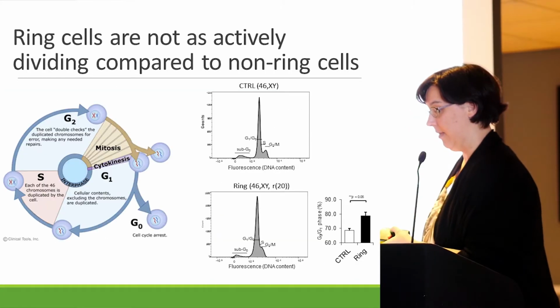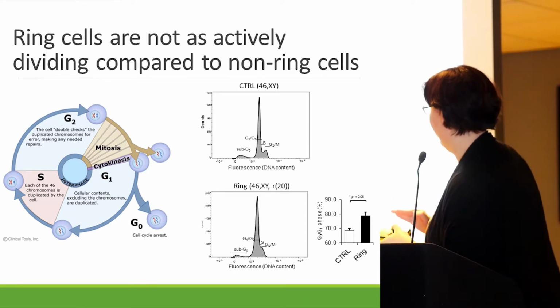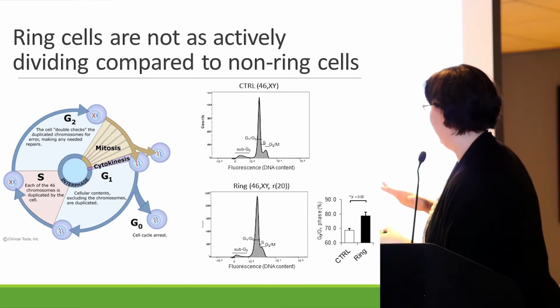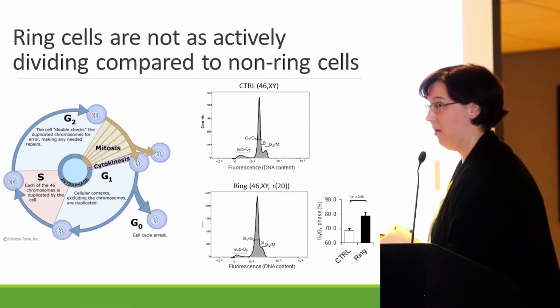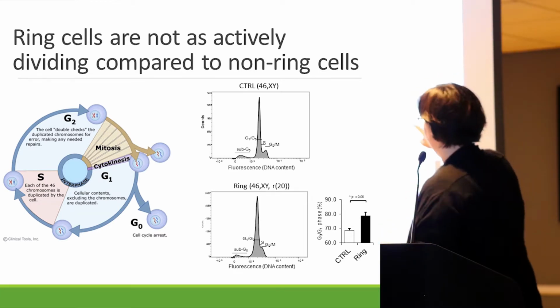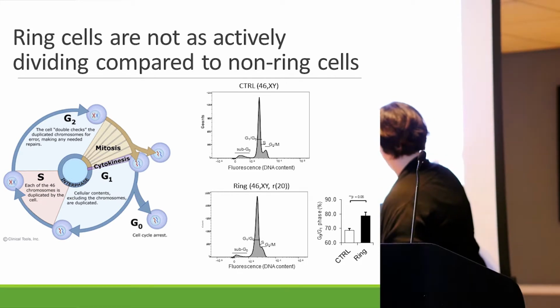And when we looked at the same person, their ring versus their normal cells, this is showing the distribution of where the cells are in the cell cycle. And here are the ring cells. You can visually see that there's a difference between right here and here.